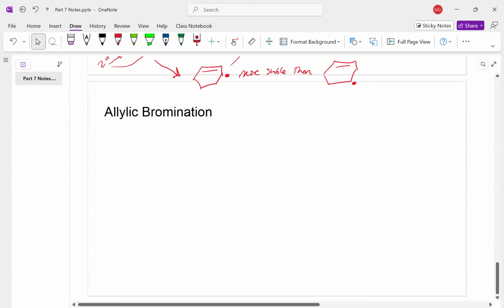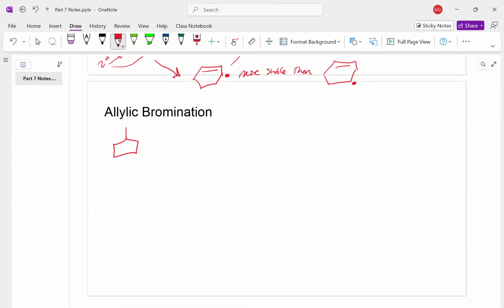All right, so let's look at an example here. We're going to take this alkene and react it with NBS and light.